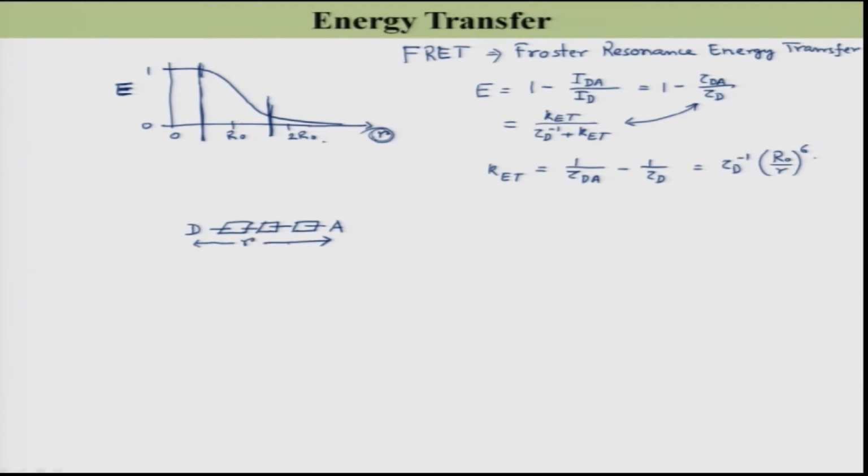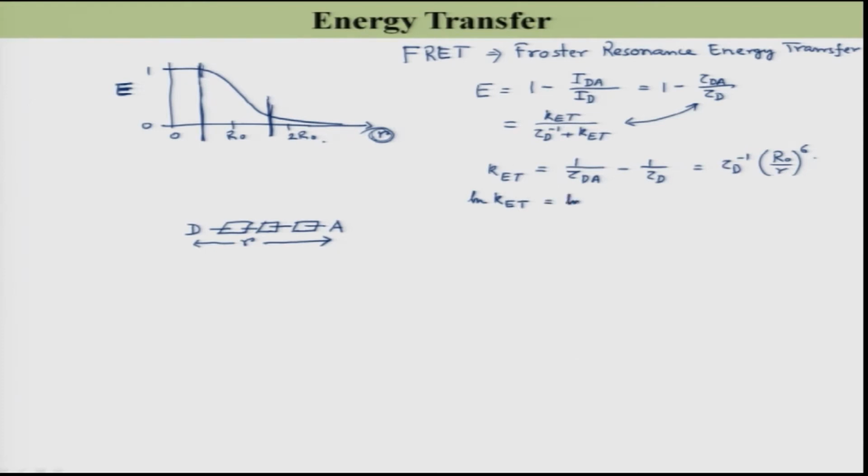Now, if you look at this equation, k_ET equal to tau_D inverse times (R_0 by r) to the power 6, right, and you take ln on both sides, then I can write ln k_ET is equal to, right, you understand.